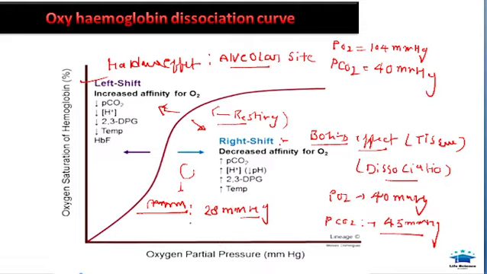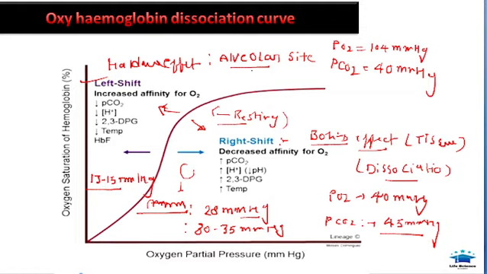And when the pressure of oxygen is 30 to 35 mmHg, this shows the decreased affinity for O2 of hemoglobin. And when the hemoglobin has an affinity of 30 to 50 mmHg, this shows the left shift of the graph.